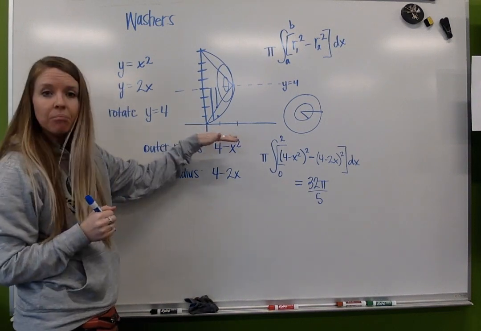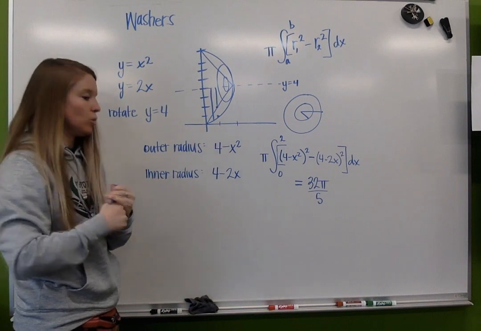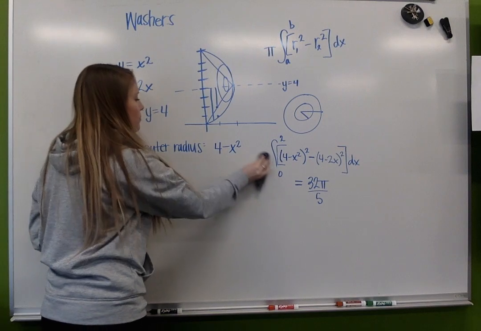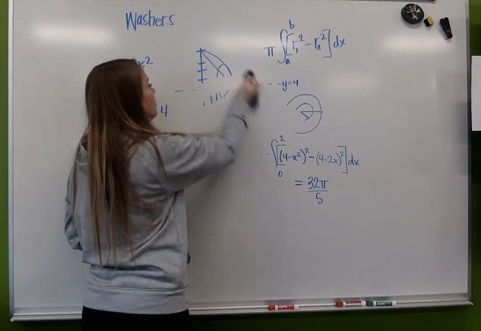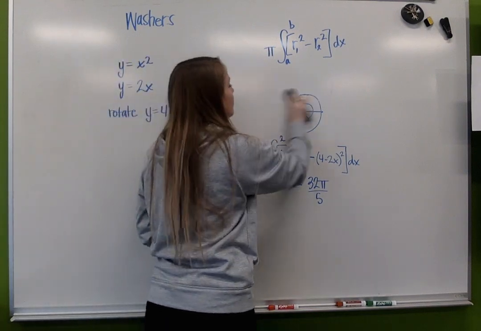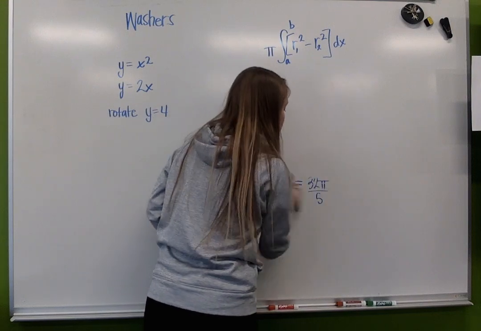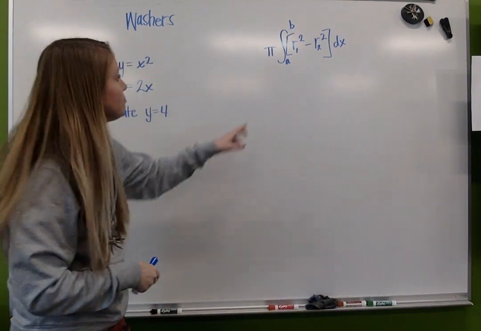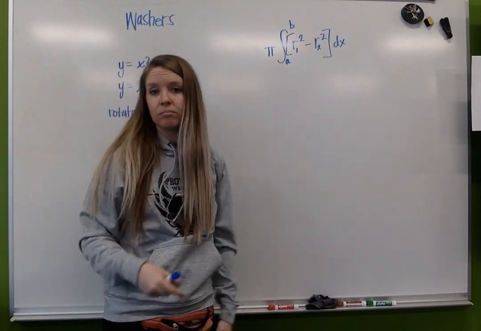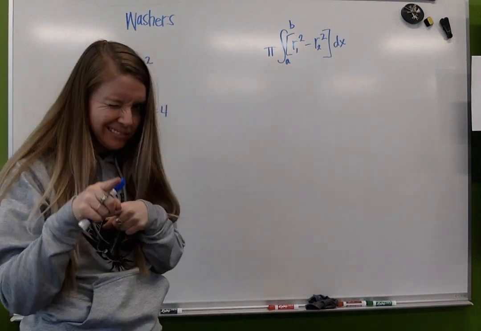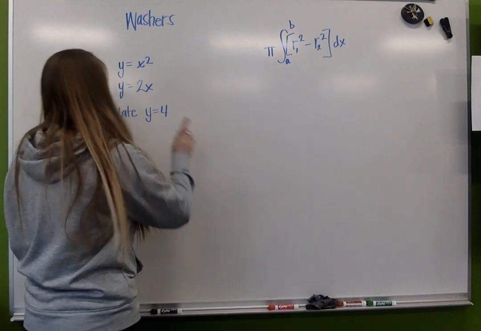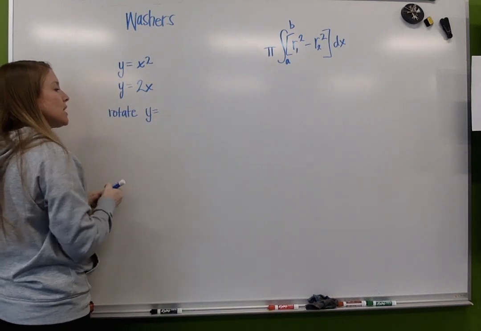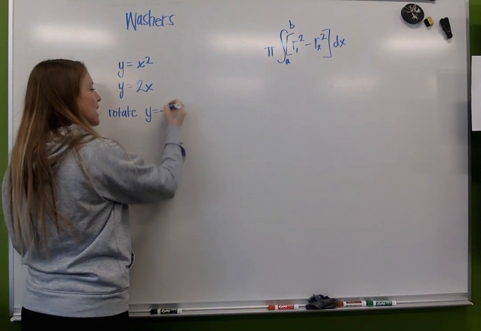We're going to rotate below the x-axis. So one more example here. Our setup is still the exact same. The only thing that's changing are our radii. Cool word there, huh? No? Okay. So instead of rotating around y equals 4, we're going to rotate around y equals negative 1.